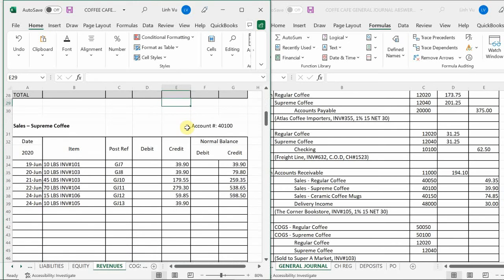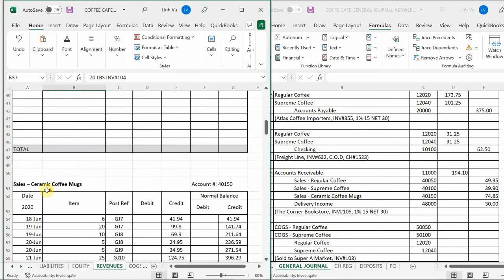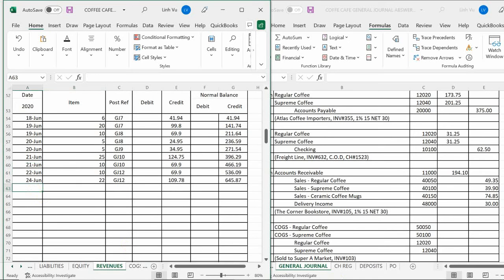I keep saying cost of goods sold. $638.40. Good. Okay.